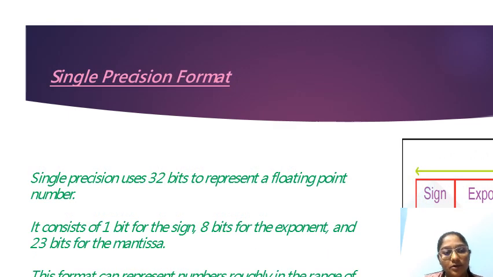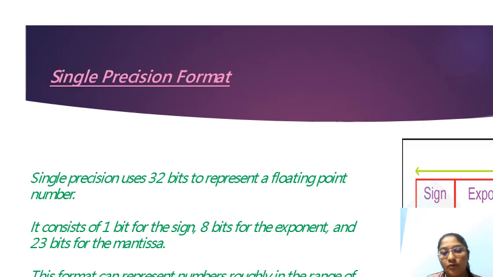Single precision format. The IEEE 754 single precision format has 32 bits representing floating point numbers with the sign, exponent and fraction. There are some special cases like zero, infinity and denormalized numbers. Single precision uses 32 bits to represent a floating point number.